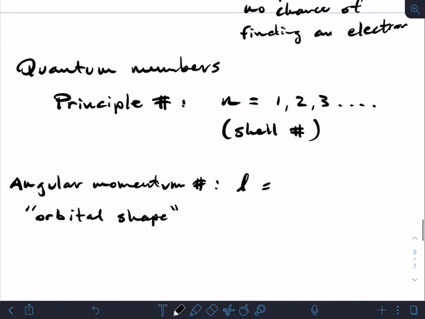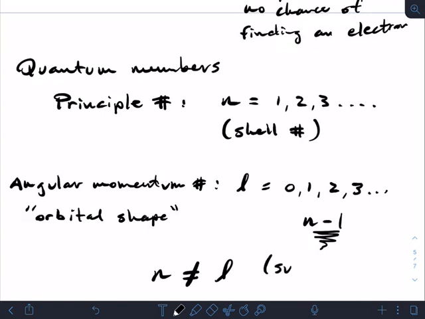It has the symbol L, a little cursive L. And L can be 0, 1, 2, 3, etc., as long as it is at most n minus 1. That is super important: L can never be the same as n. n can never equal L. So what this tells us is the subshell number.